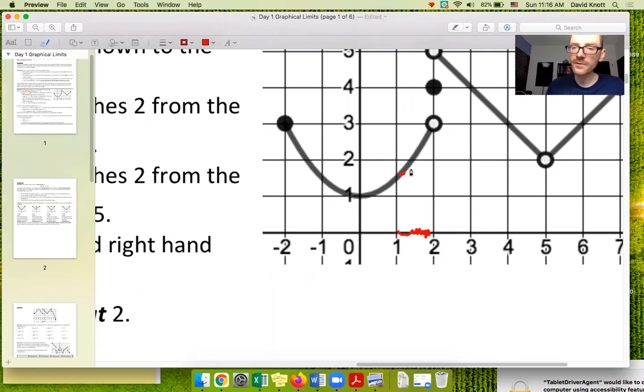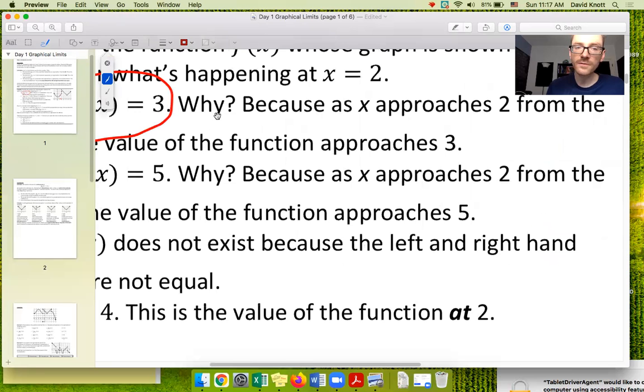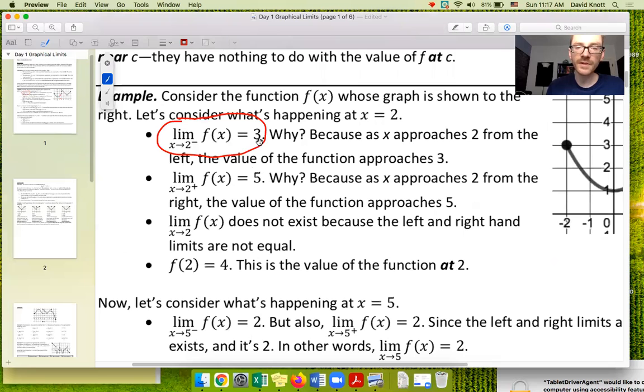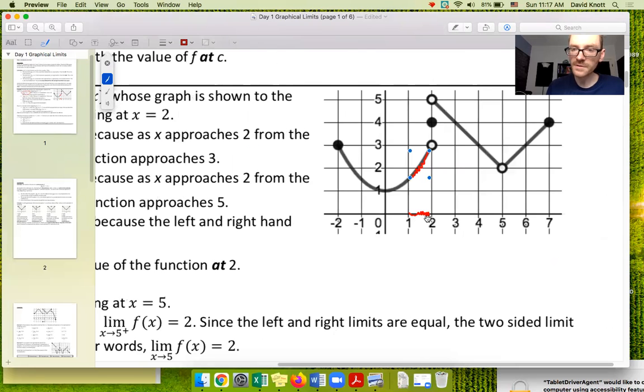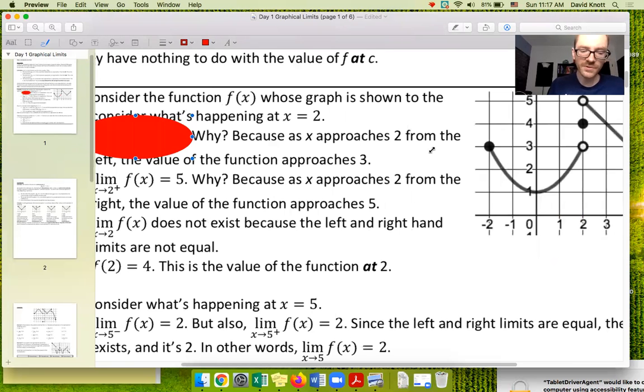Well, as you get closer and closer to 2, the value of the function gets closer and closer to 3. I hope you all see that. That's why the limit as x approaches 2 from the left is equal to 3, because as x approaches 2 from the left, the value of the function is approaching 3. So that left-hand limit is equal to 3.